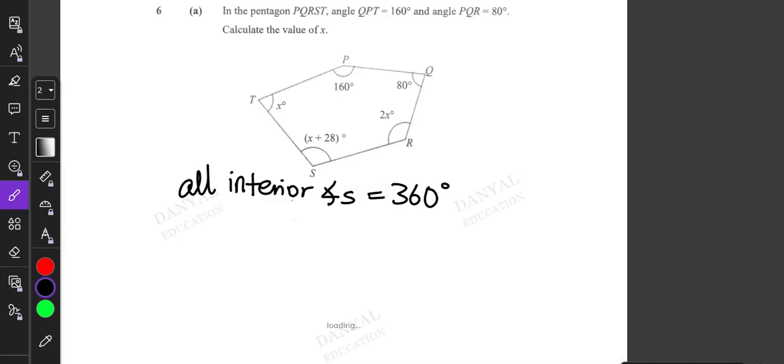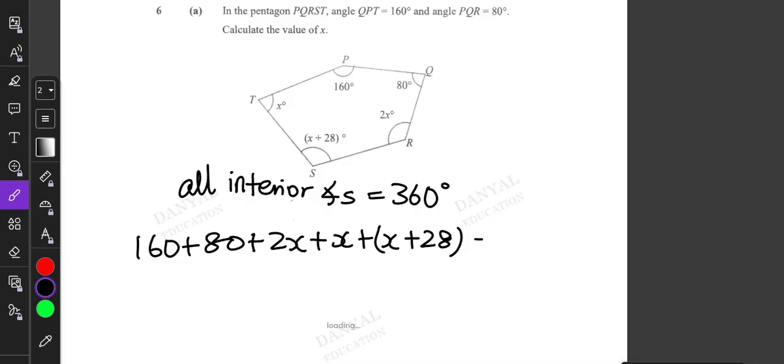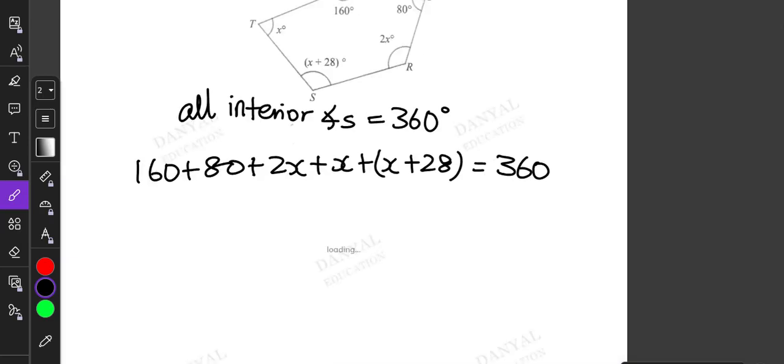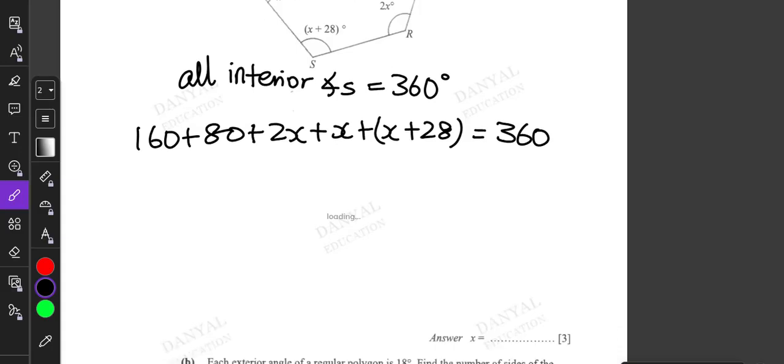So you will take 160 plus 80 plus 2x plus x plus x plus 28 with a bracket equals to 360. From there you will work out, so it will be 240.